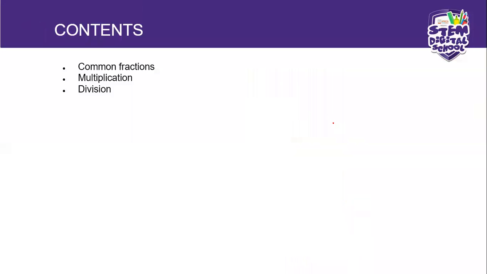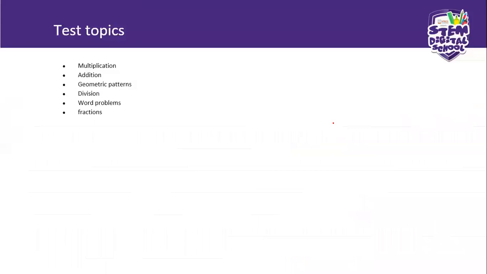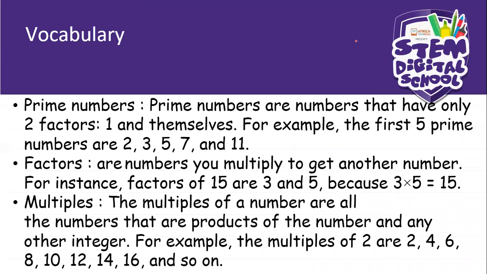So today what we're looking at is common fractions, multiplication, and division. As I said, the test is available. How it's going to work is that you take the test in your own time, even after the class or when you have time, because the class time does not allow us the freedom to do informal things like your Kahoots.